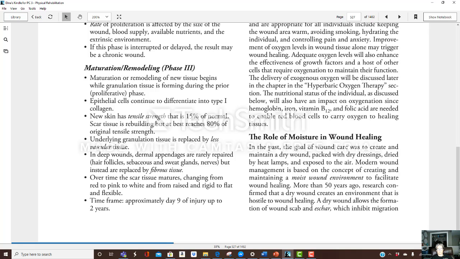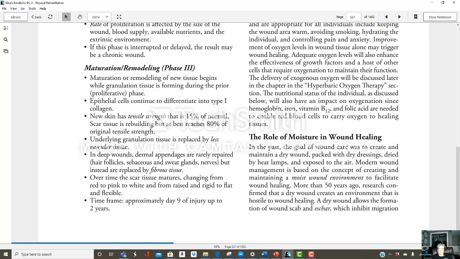Epithelial cells continue to differentiate into type I collagen. Common new skin has tensile strength that is 15% of normal. Scar tissue is rebuilding but at best reaches 80% of original tensile strength. Underlying granulation tissue is replaced by less vascular tissue.